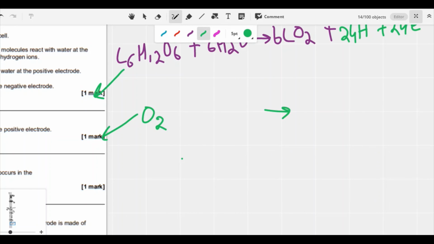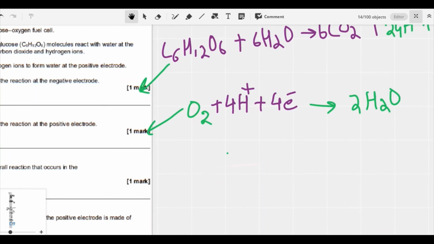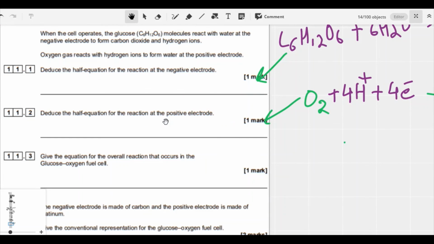Let's suppose I write 2H2O. Now you can see there are 2 oxygens on each side, but there are 4 hydrogens, so we need to add 4 hydrogens here, in the form of 4 protons along with 4 electrons. So that reaction occurs at the positive electrode.